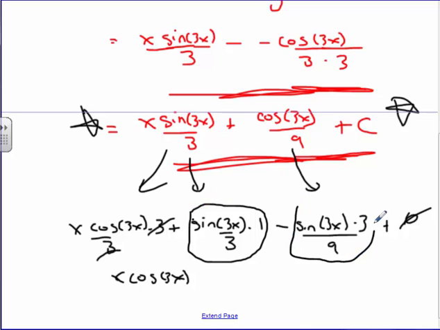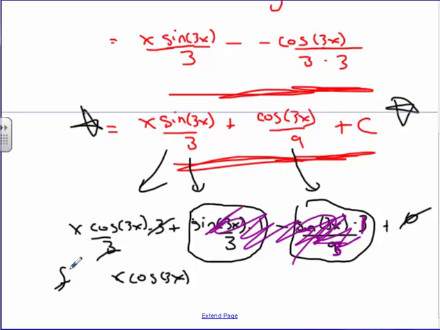And this guy right here, although it's not written that way yet, if I do some canceling and make that 1/3, this is also sine of 3x over 3. So really this term and this term are the same as each other. One's positive, one's negative, they cancel. And so yeah, now I have my original. This is what my original function would have been. And then going from here backwards, that's my antiderivative.